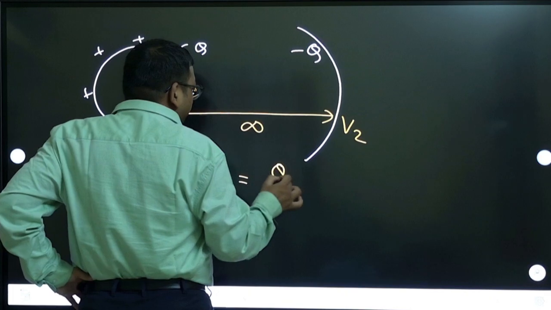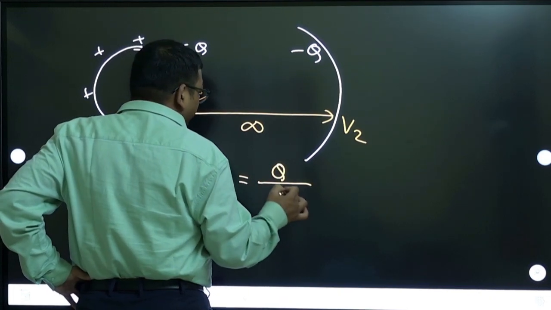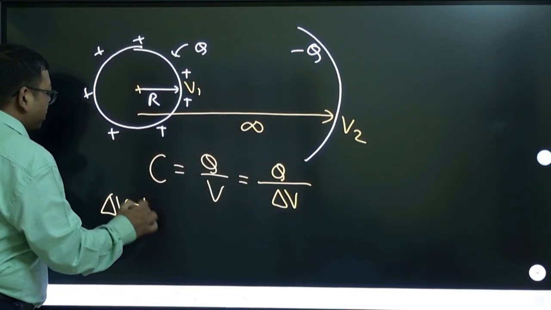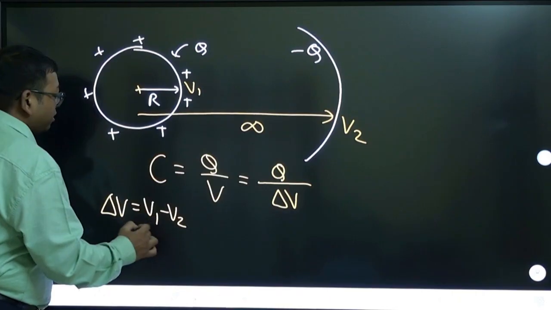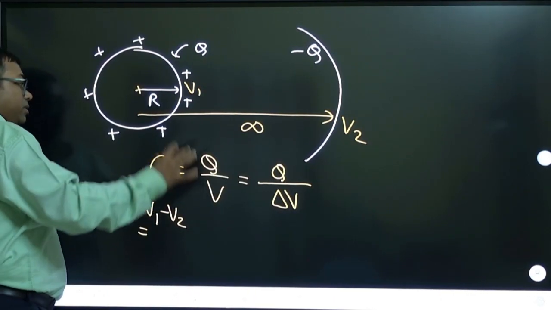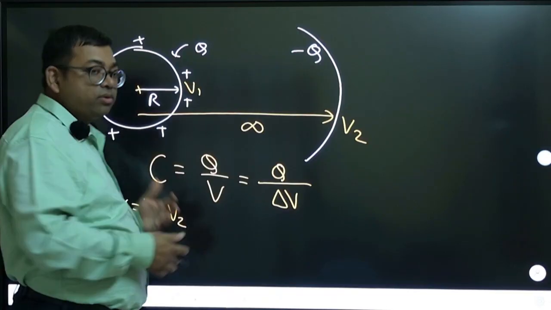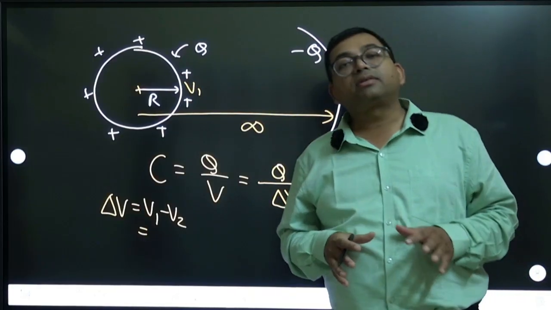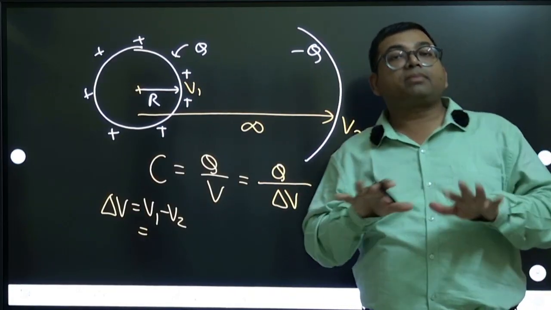So the charge divided by the potential difference, basically v1 minus v2 here. Potential difference is always a magnitude, big minus small, not small minus big. Even if it is coming negative, you take the magnitude.